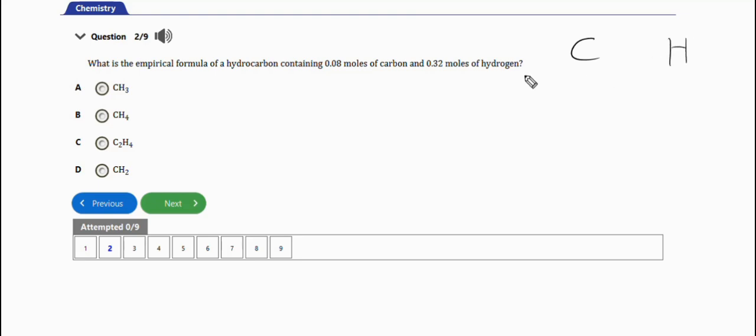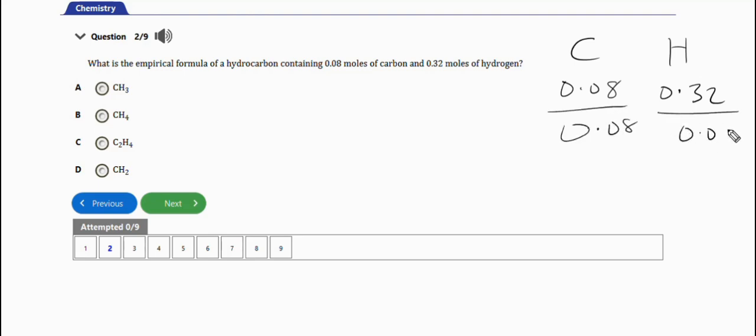The mole value for carbon is 0.08, and that of hydrogen is 0.32. Divide through by the least mole value to get the mole ratio. The least value here is 0.08. This will give you 1.